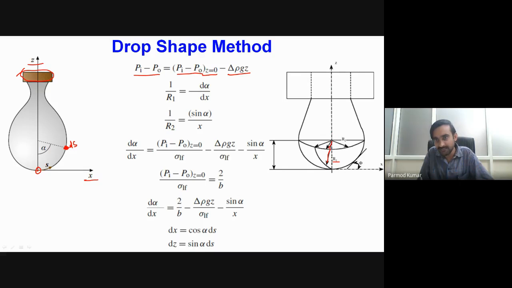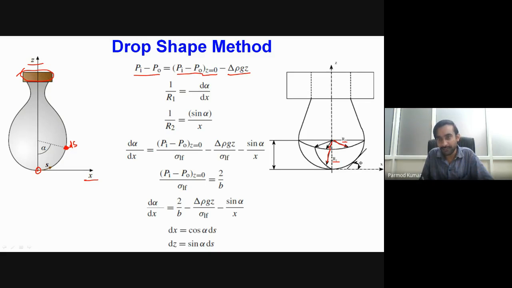Then we have taken another radius of curvature R2, on a plane perpendicular to the earlier plane. So R1 and R2 are the two principal radii of curvature.